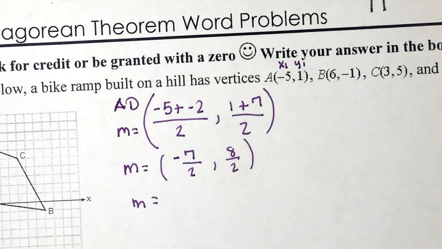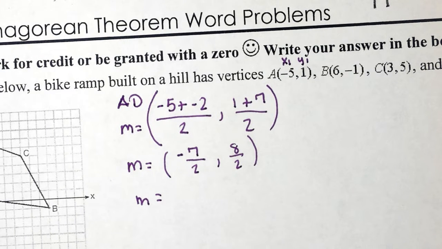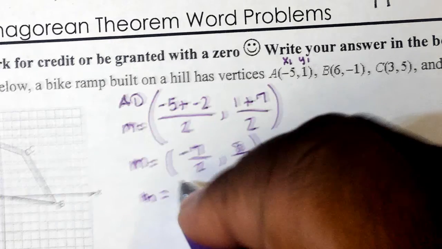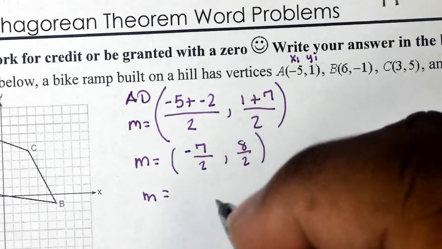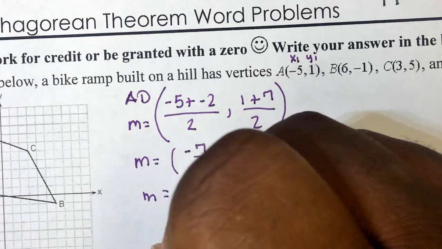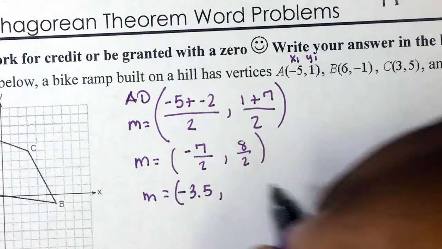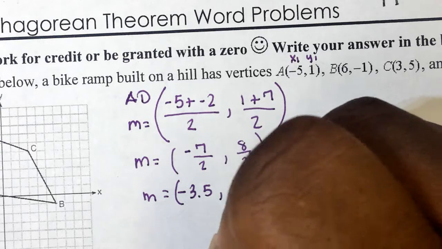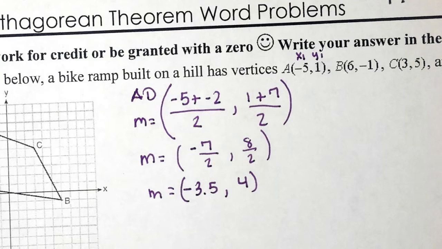I'm going to go ahead and get decimals for my midpoints so I can actually put them on the graph, so I can see them on the graph, and I can figure out the length of my steel tubing. So -7 divided by 2. Anybody with a calculator, what decimal you get? -3.5. And then 8 divided by 2, you should all know that's 4. So my midpoint for AD is -3.5, 4.